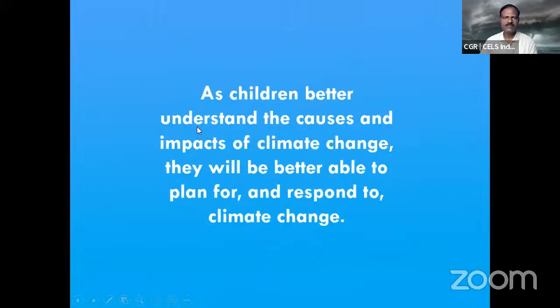As children better understand the causes and impacts of climate, they will be better able to plan for and respond to climate change. So here actually they are very sensible also. Their senses will be very sharp. The changes they can easily understand.